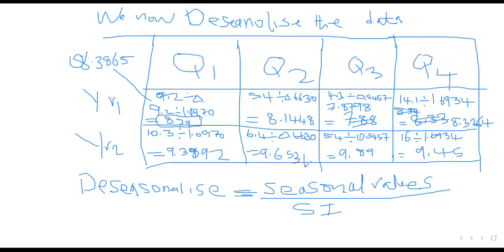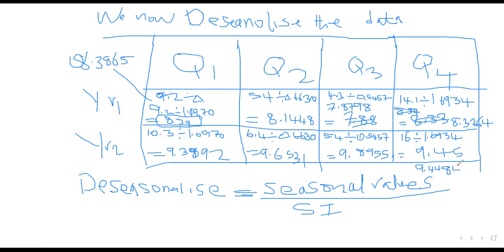Okay, then the other one, 5.4 divided by 0.5457, 9.8955. Then the other one is 16 divided by 1.6934, 9.4484.